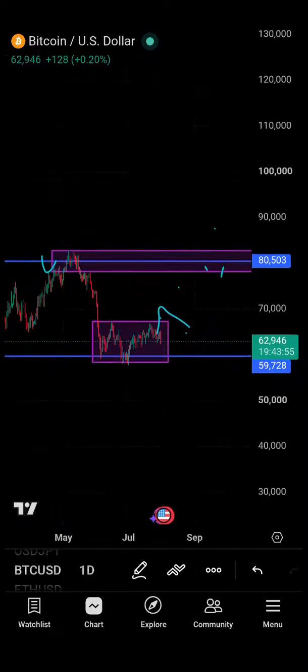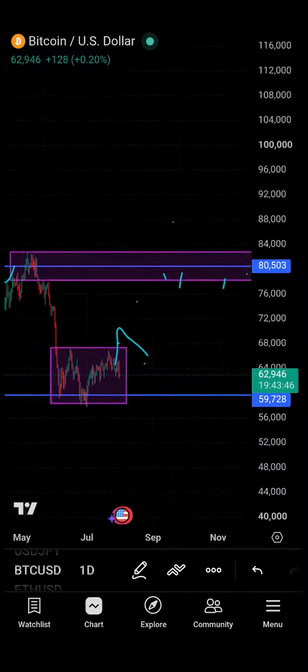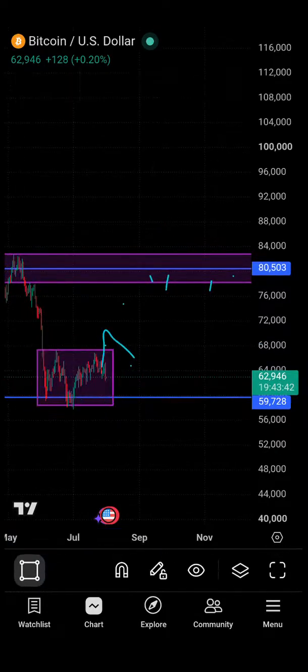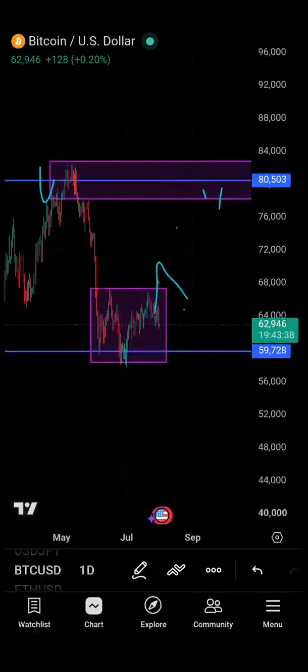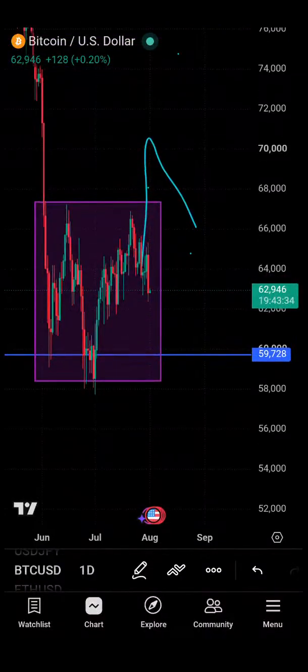But we are still going to break it down to see if we can get a short-term trade on Bitcoin. Hey, if you are trading Bitcoin, we are going to check if we can get something from Bitcoin. But right now, you can see it is consolidating, trading sideways.